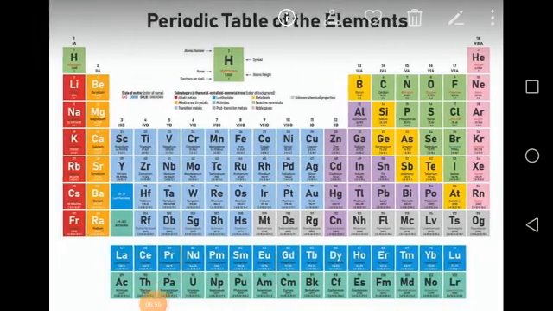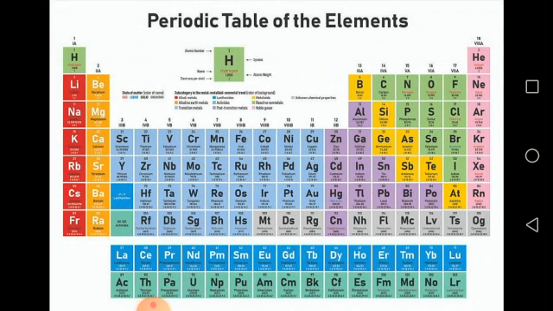Welcome back. This is the periodic table. From the electronic configuration of each element we can determine its block, its period and its group. Firstly, how to detect its block. If the last electrons in the electronic configuration of this element end in the S sublevel, then this element is located in the S block.